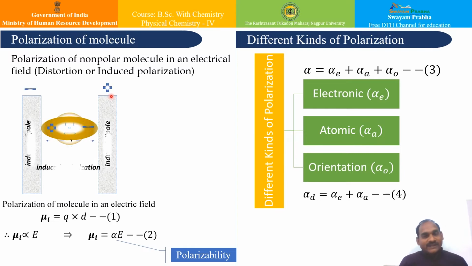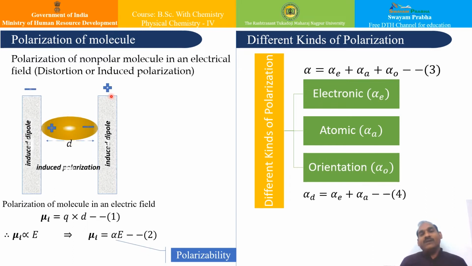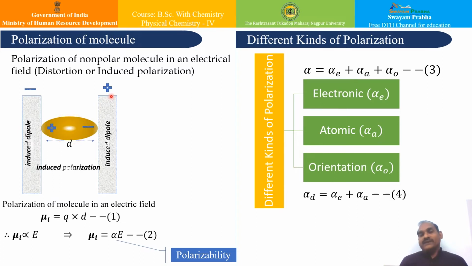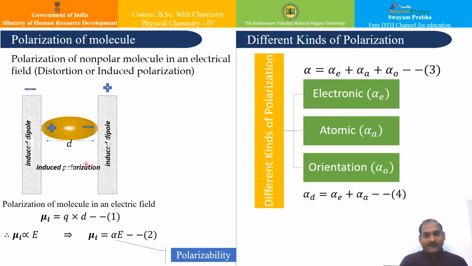So the centers of charges shift towards one end due to the attraction between the oppositely charged poles of the molecules and the electrical plates. Due to this, a dipole is induced in the molecule, and this displacement creates a distortion of positive and negative charge in the presence of the applied electric field.